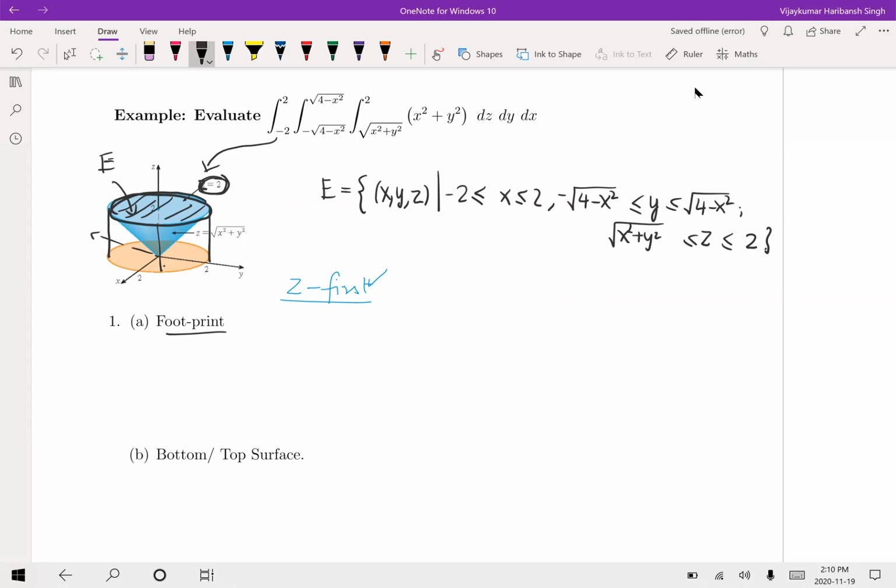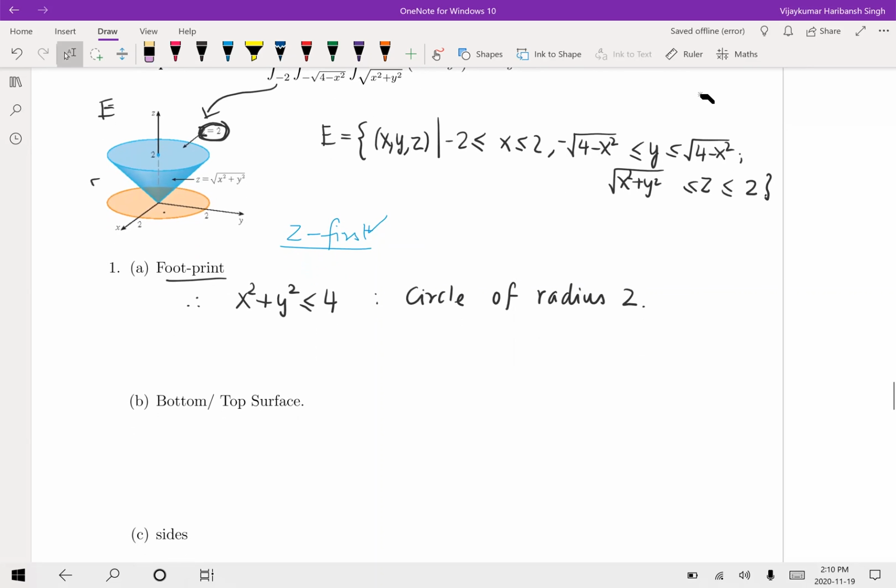That will give you x squared plus y squared equals 4, therefore x squared plus y squared is less than or equal to 4. So it's a circle of radius 2.